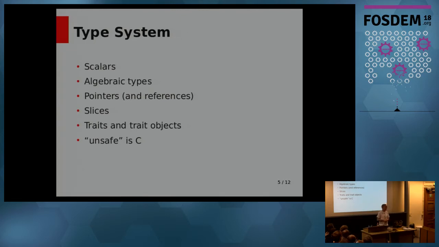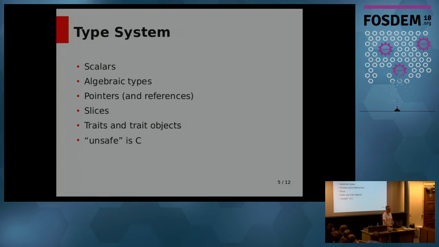Unsafe is basically C. Conceptually, it doesn't look like C, but it's basically the same sorts of rules as C. And so Rust's type system includes sort of a superset of all the things that you would find in the C type system.